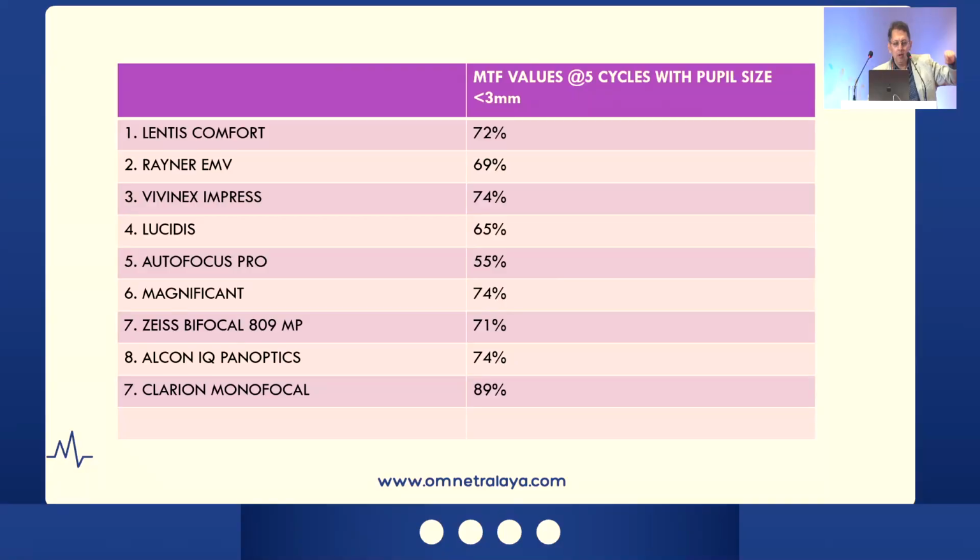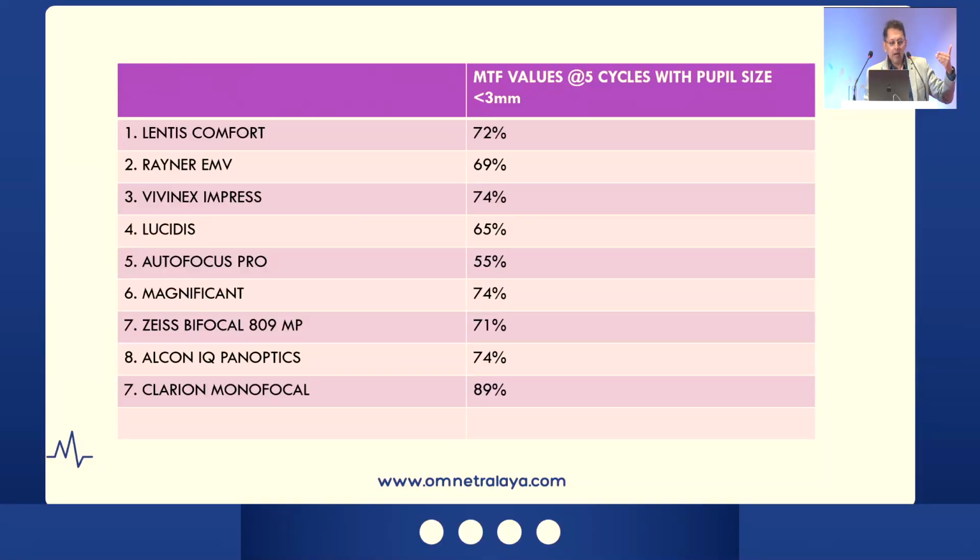What I would like to highlight here, you can see the Clareon monofocal. Amit has found that the MTF value at 5 cycles with a pupil size of less than 3 millimeters was best with the monofocal, right? Clareon monofocal, and that's what we expect, that a monofocal has the least aberrations, so it's almost 89%.